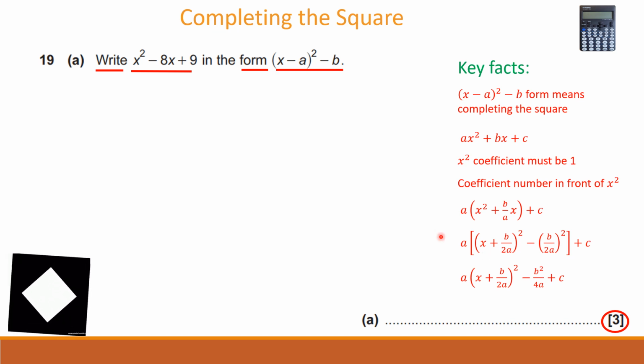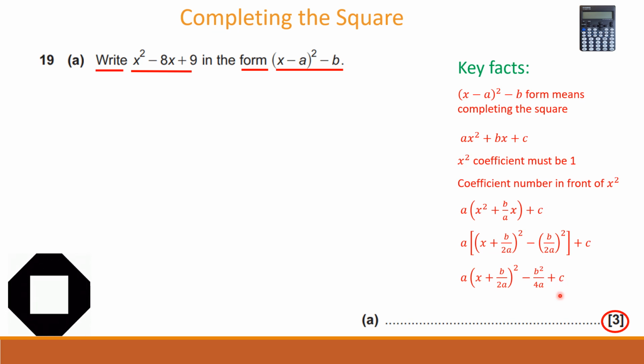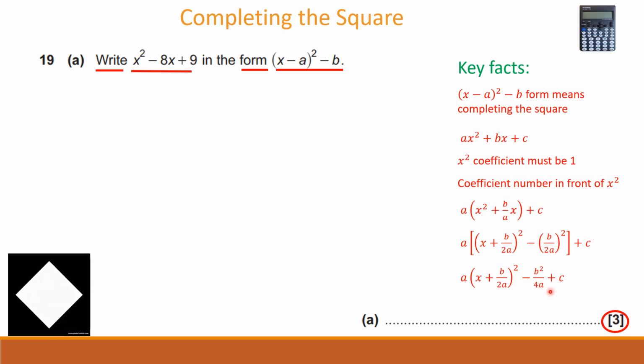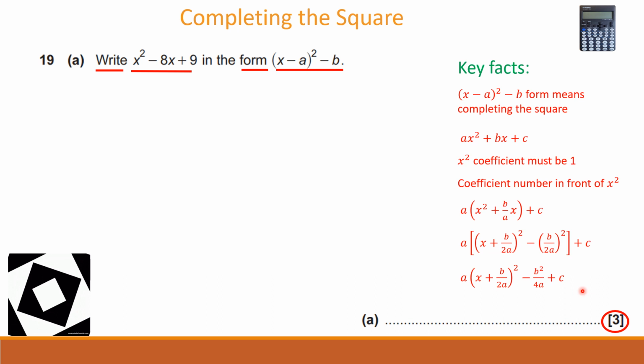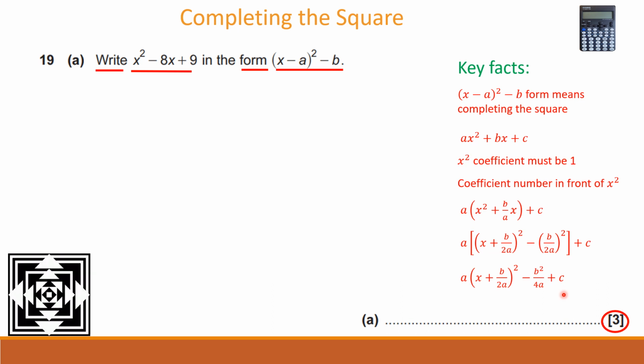Then I'm going to times by an a. So when I multiply a in the numerator divided by the a squared in the denominator, I'm left with an a in the denominator, which leaves me with minus b squared over 4a. The plus c just stays the same on the end. Now, when this is in terms of numbers, you'll be able to add these two terms together.